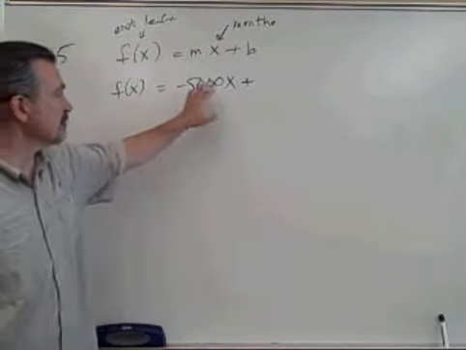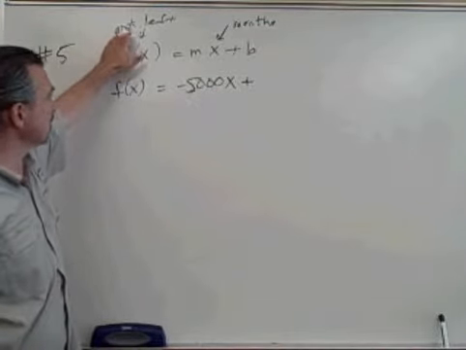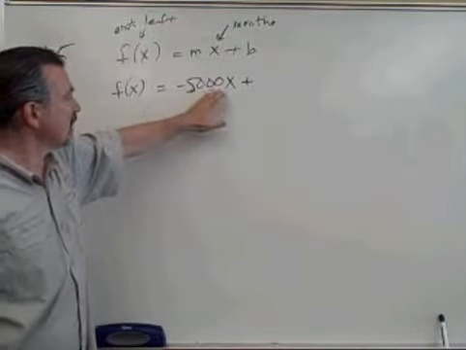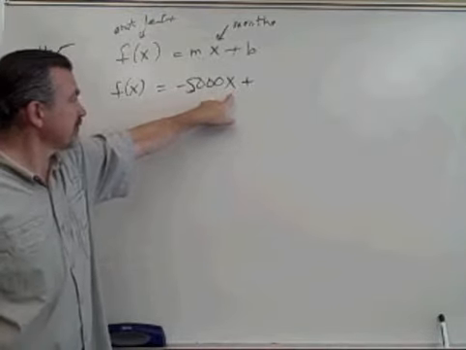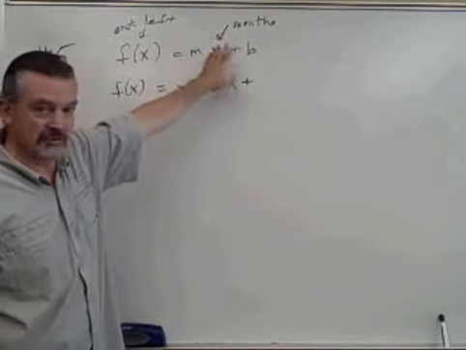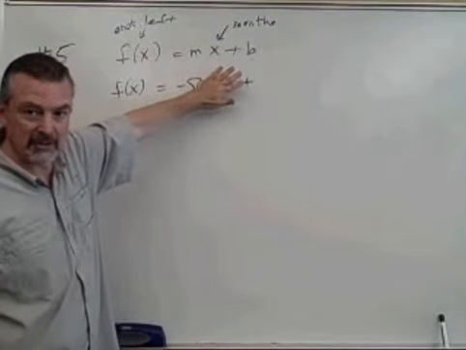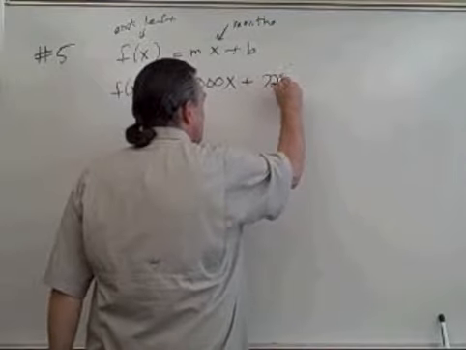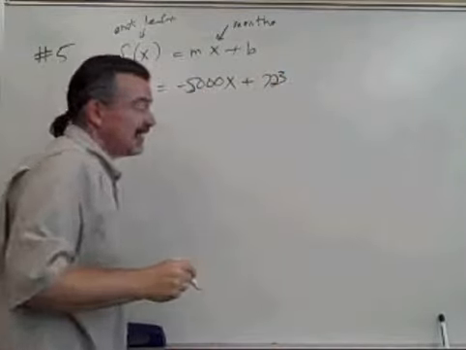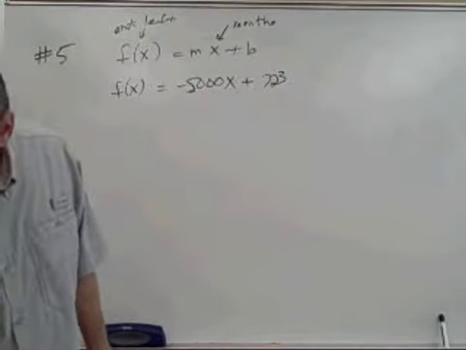Well, do we know what the b value is? Yes, we do, because the b value would be the amount she has left when she hasn't started taking anything out. Remember, when x is 0. X being 0 means she hasn't started taking any money out. Well, that's how much she started with. She started with $723,200.